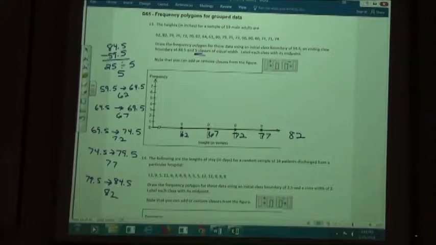Then we are going to sort them, look at our list, and do our counting.